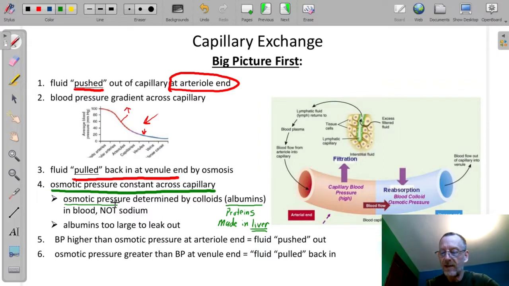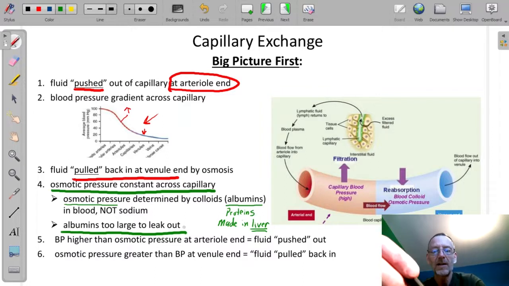So back to the albumins and these osmotic proteins. These are large proteins that are too large to leak out of these continuous capillaries. So the point is that the albumins stay in the plasma.